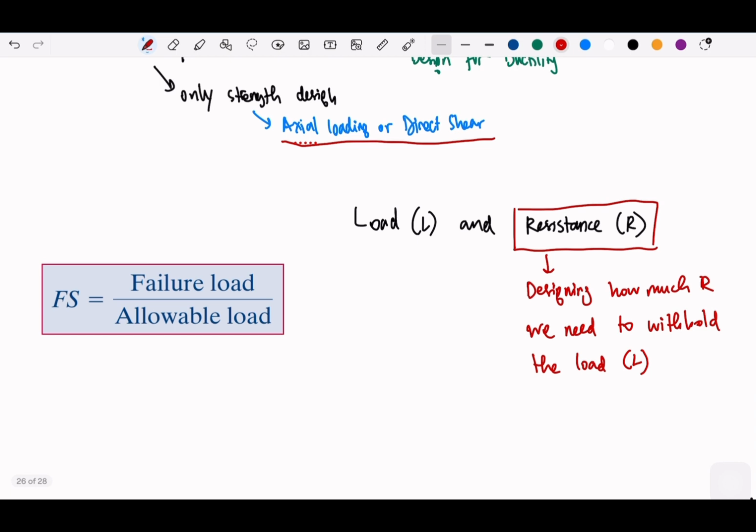So the R by definition should be higher than the load. The structure must be stronger than the load, so the design should satisfy this inequality.